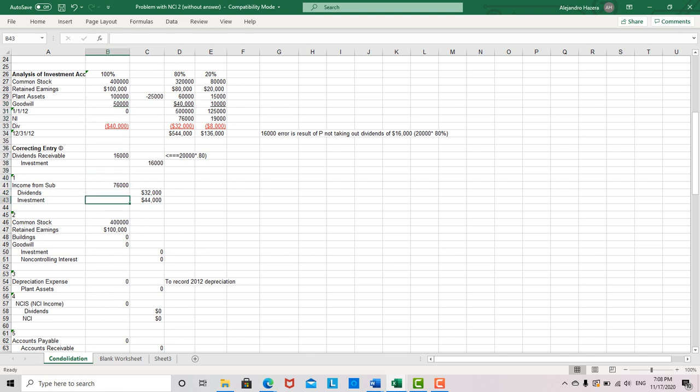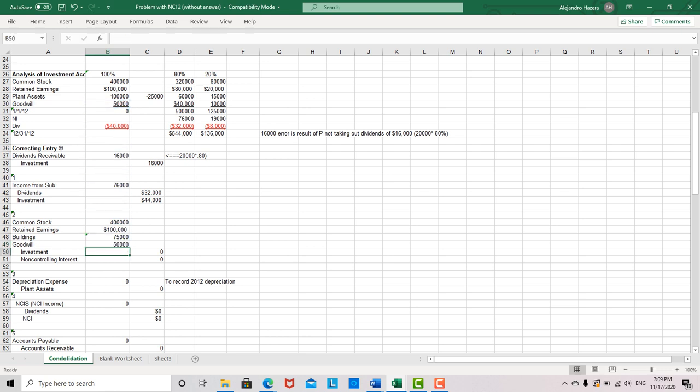So the number for building that we're going to have to take out is equal to 100,000 plus the negative 25,000. You're going to get 75,000, because that's the correct amount as of the beginning of 2012. That would have been the beginning of the second year, and you would have recorded $25,000 in depreciation the first year. So you'd have $75,000 left over to begin the second year.